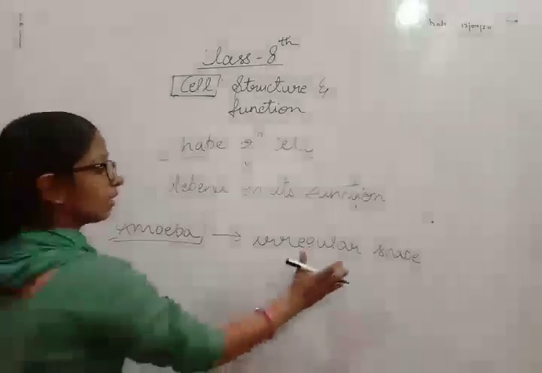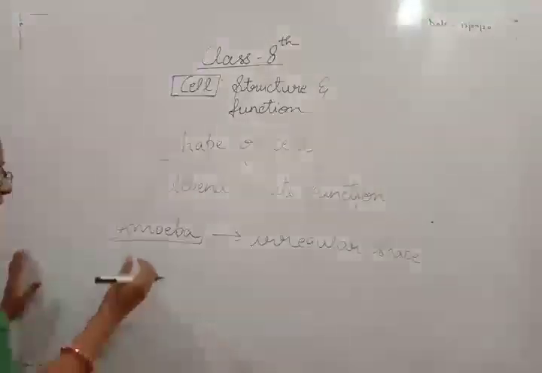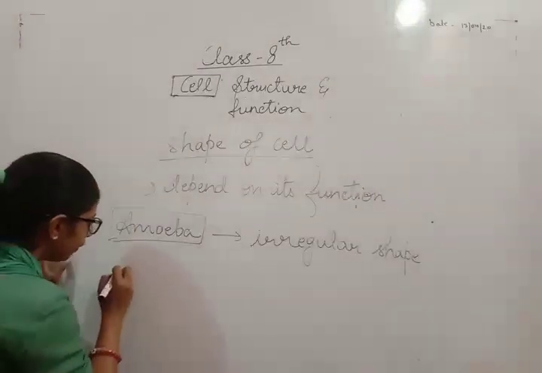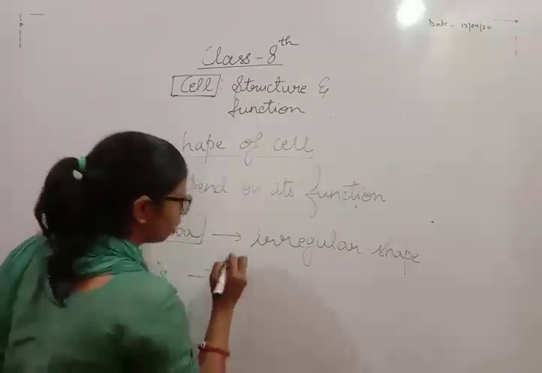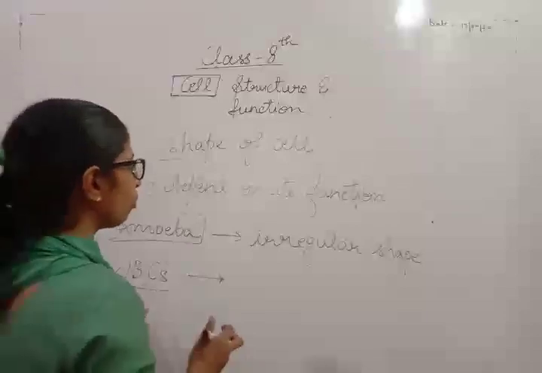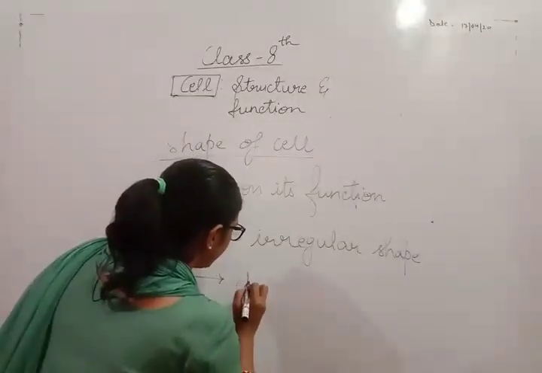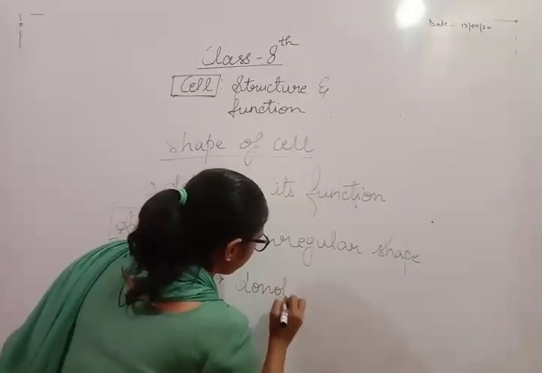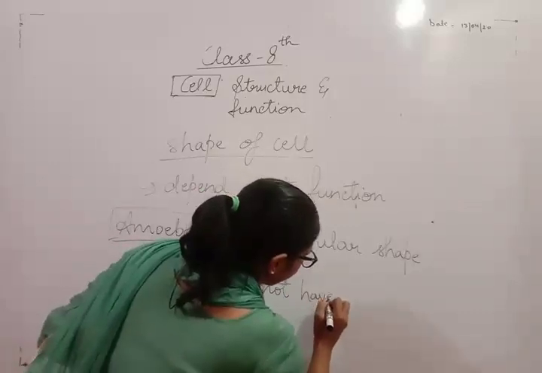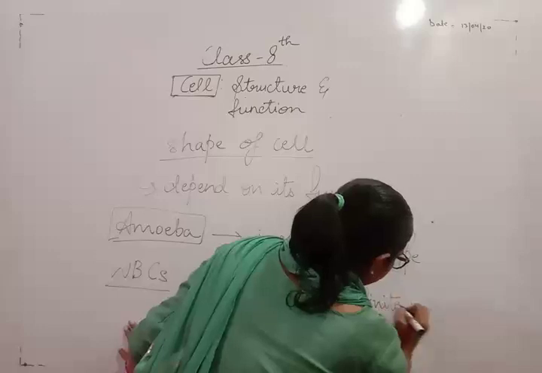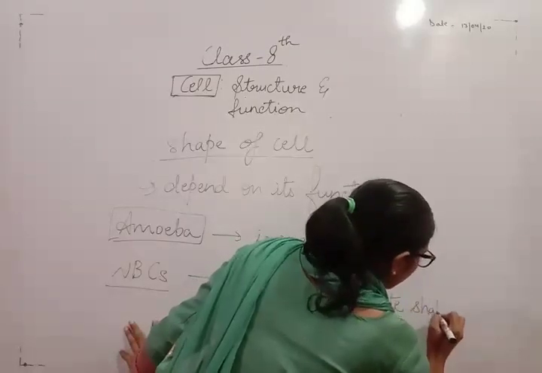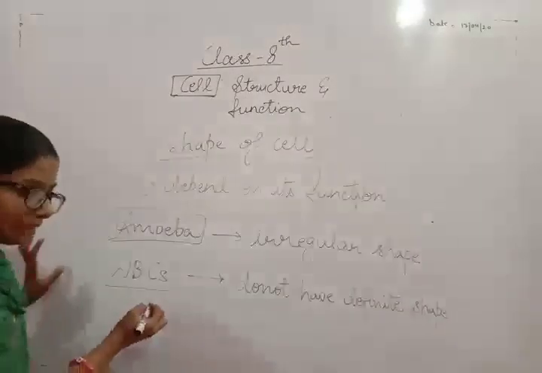It has irregular shape. Similarly, in our human body, we have WBCs, white blood cells, which also do not have definite shape. And what is the function of these WBCs?